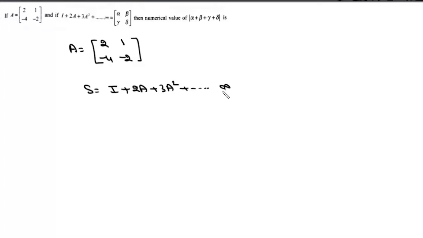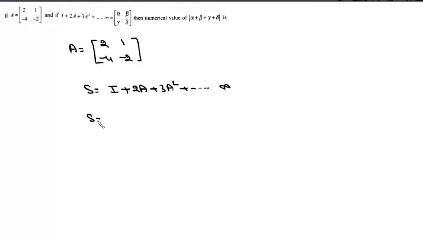Now here the question is, if A is the matrix 2, 1, minus 4, minus 2, then find the value of the series I plus 2A plus 3A square up to infinite. Now what we'll do is, we'll let this sum be some matrix S, and it is given by I plus 2A plus 3A square, and it goes up to infinite.